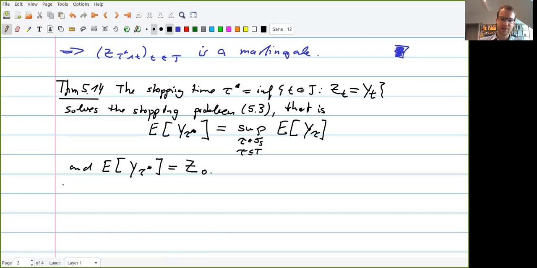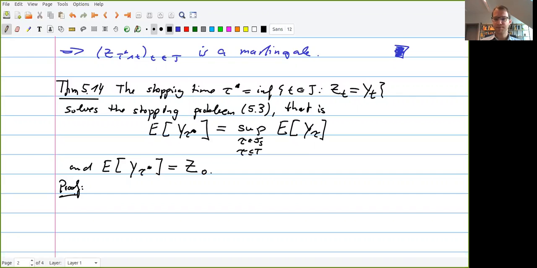So why is this something you would expect? Why is it reasonable? You have your process Y, you define your Snell envelope, and you keep playing as long as your Snell envelope is a martingale, because as long as it's a fair game, you keep playing.